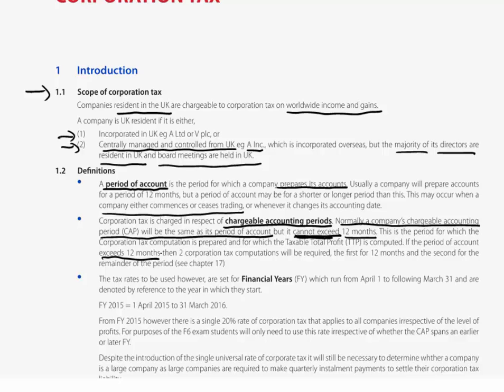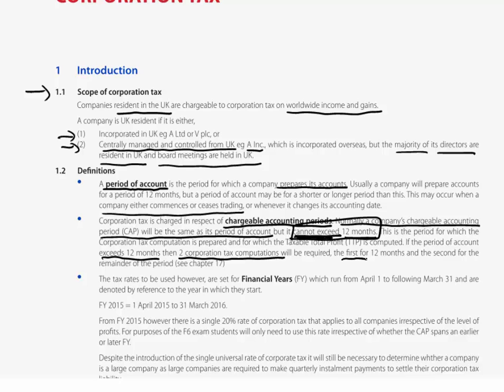So if for whatever reason we have a long period of account, then we must prepare from that 2 corporation tax computations, because what we have learned, this vital point here, is that a chargeable accounting period cannot exceed 12 months. So a long period of account will require us to prepare from it 2 corporate tax computations.